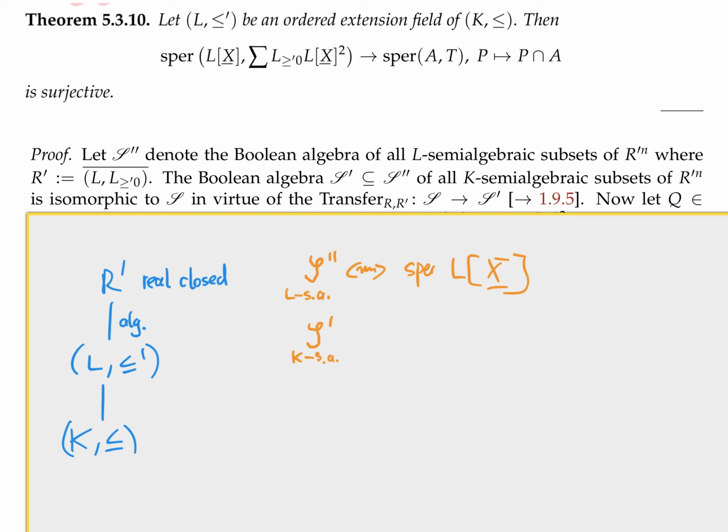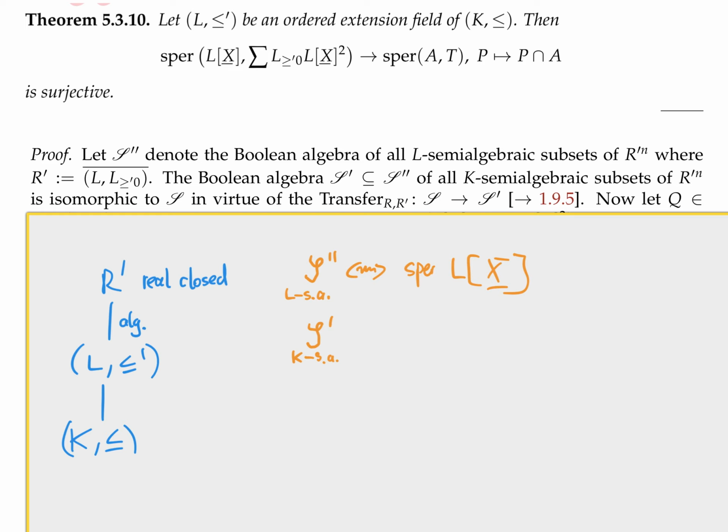That was not the situation of the ultrafilter theorem of Brücker, because R prime over K, for example, doesn't even have to be algebraic.